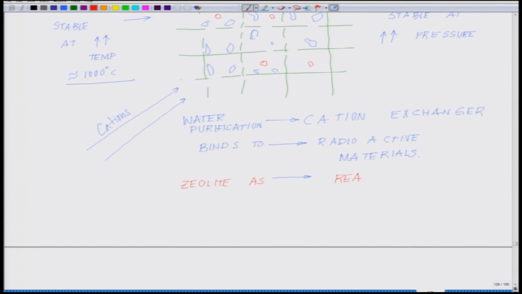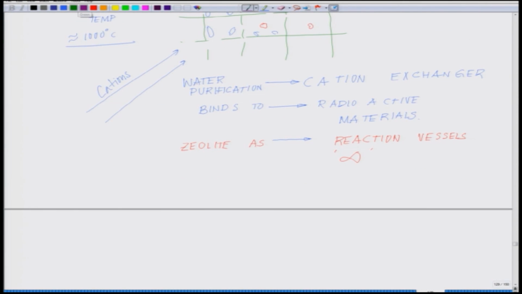We will come to the significance of it. Before I come to this reaction vessel concept, there are two things which are of direct significance to us in this aspect. One is the catalytic exchanging property, or in other words, binding to cations.